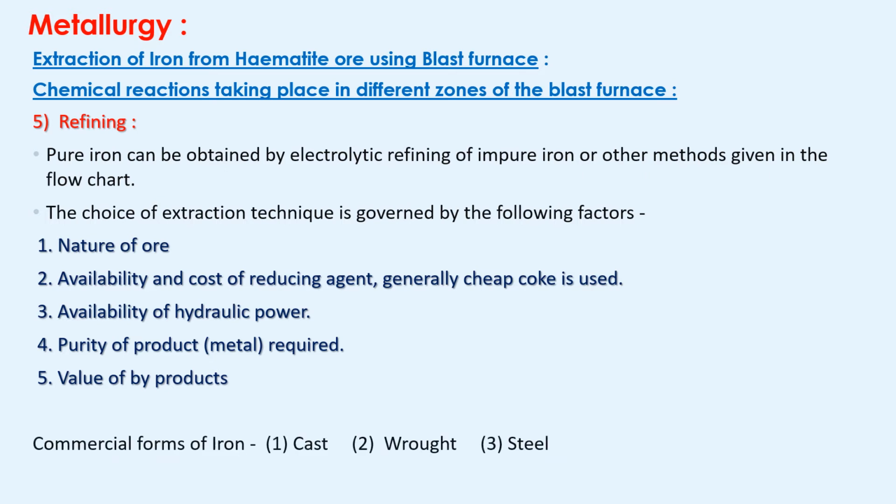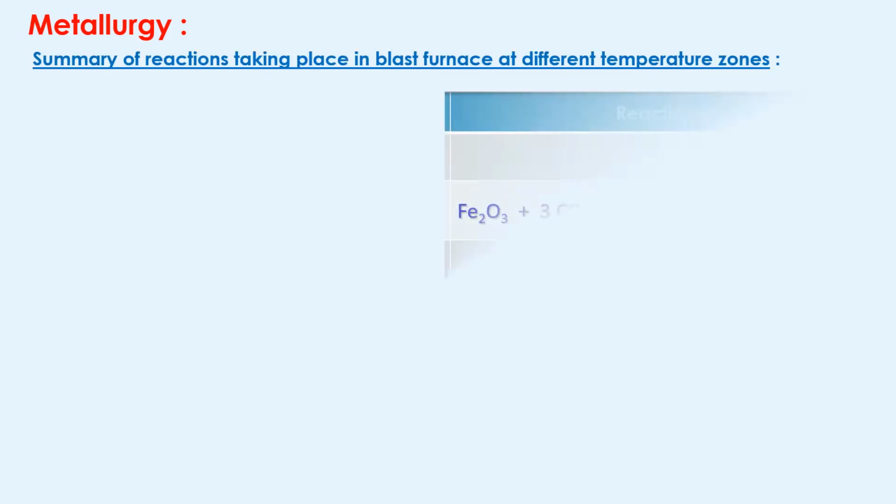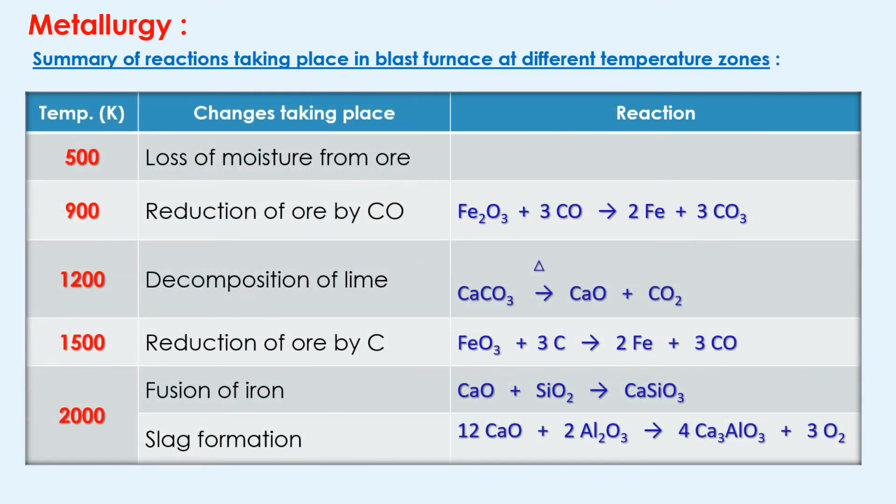Now your form of iron, that is nothing but cast iron, rough iron and... now see this diagram. In this table at 500 Kelvin there is a loss of moisture from ore.